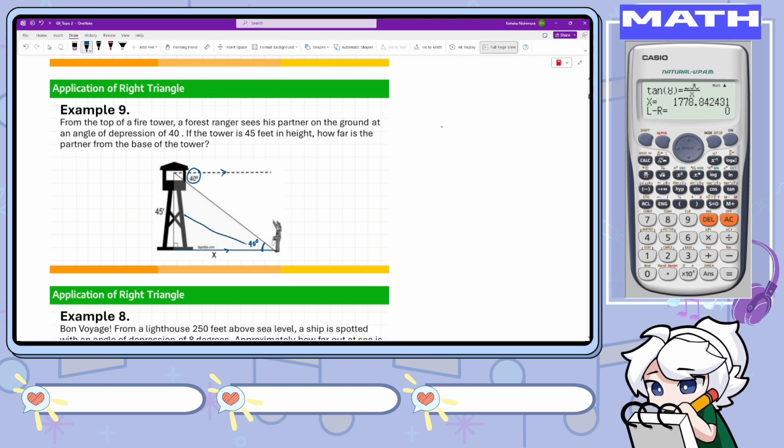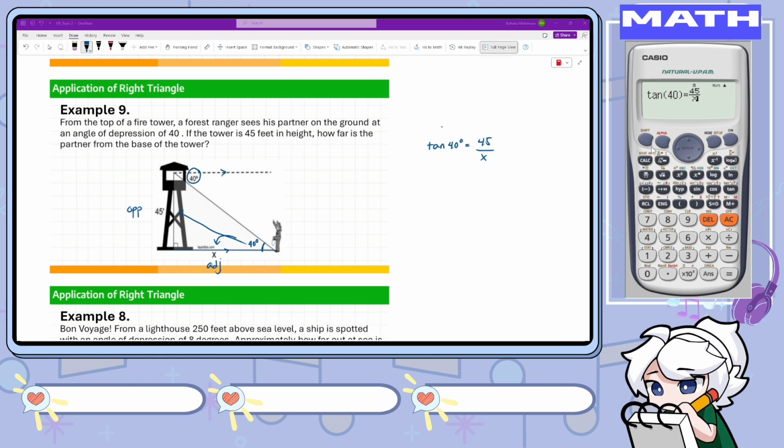If this is opposite and this is adjacent, we are using again tangent. Tangent 40 is equal to opposite over adjacent. Oh wait, I did not put the fraction.